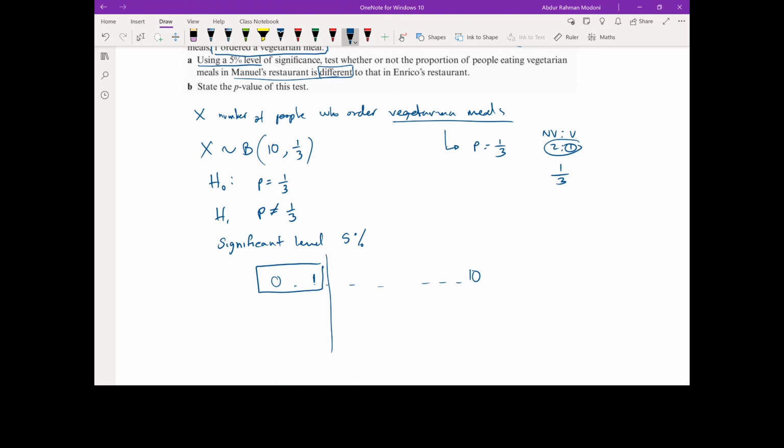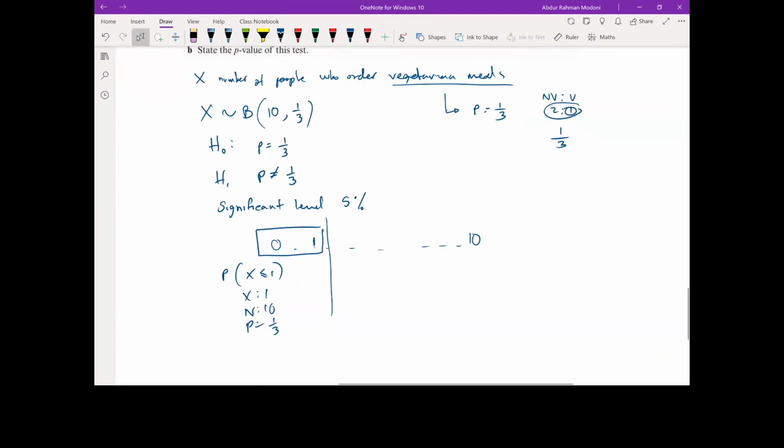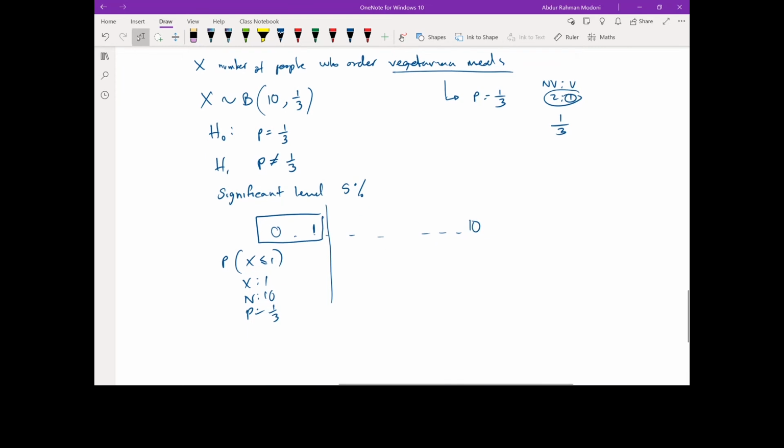So remember, our calculator can work out less than or equal to 1. X is 1, n is 10, p is equal to 1/3. Type that into our calculator, and it would give us a figure of 0.104.